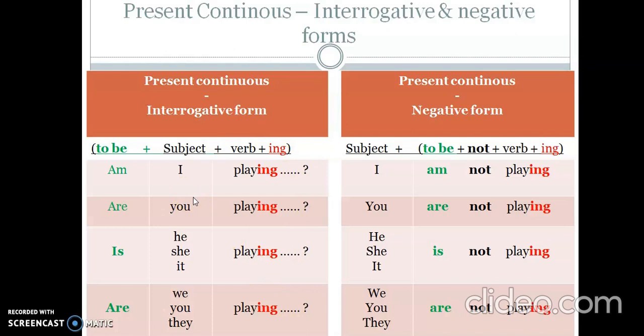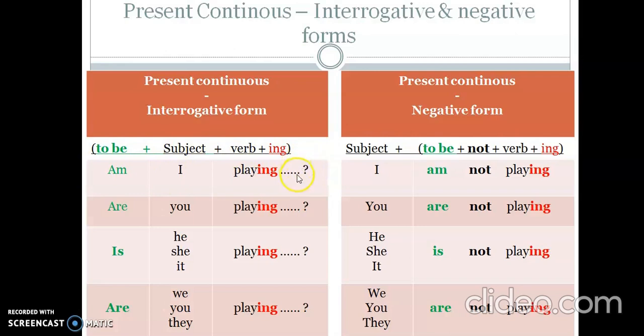But for the interrogative form, we start with the verb to be plus the subject plus verb plus ing. So instead of saying I am playing, we say am I playing, because it's a question.